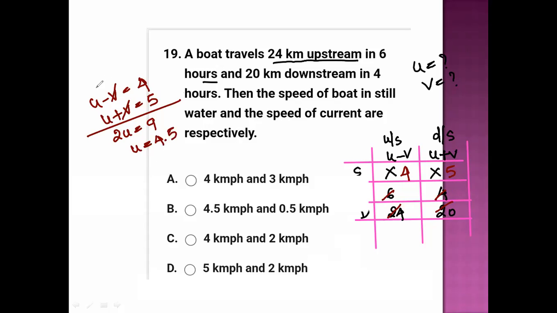Substitute that in any equation: 4.5 minus 0.5 gives 4, so v will become 0.5. So the answer is 4.5 kilometers per hour and 0.5 kilometers per hour.